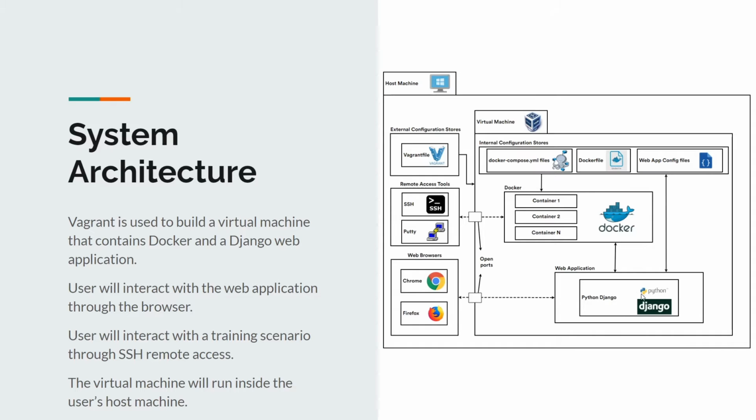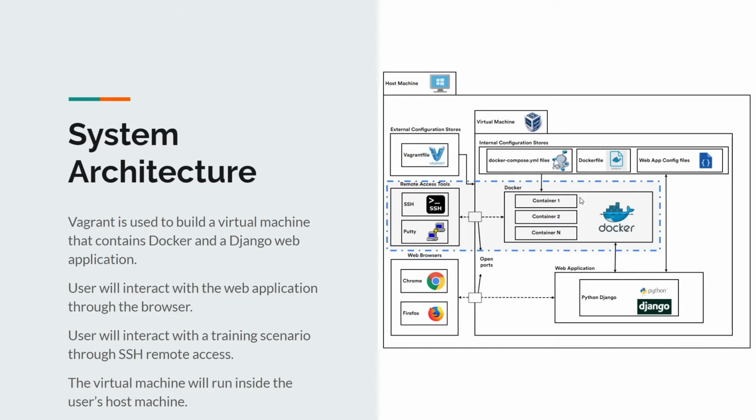The user can interact with the web application and start and stop Docker containers dynamically and interactively. So this part is the one that I focused on in progress one or increment one.